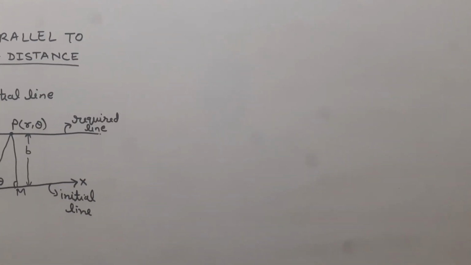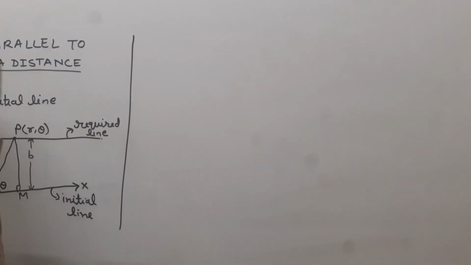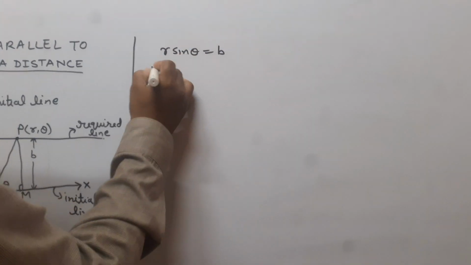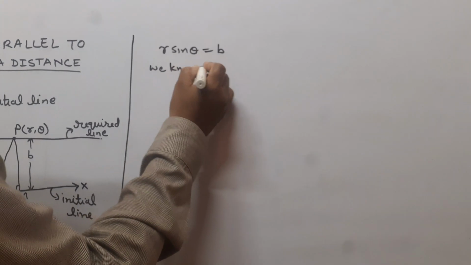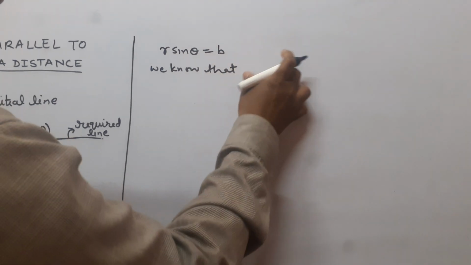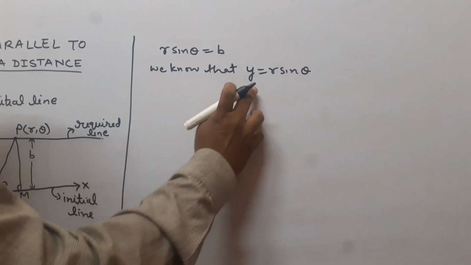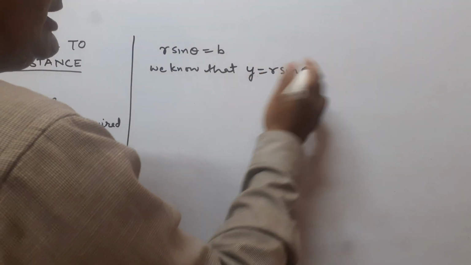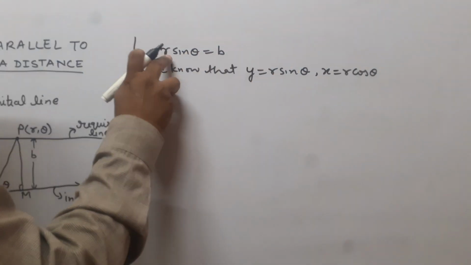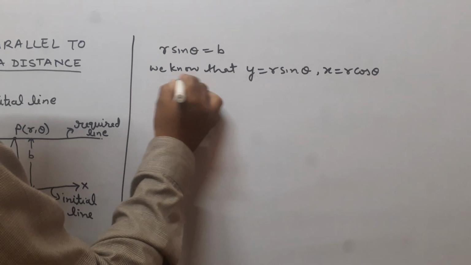Now you can see that this polar equation can be converted into Cartesian form. So r sin theta is equal to b. We know that y is equal to r sin theta. This is the relation between the polar coordinates and Cartesian coordinates. So in place of r sin theta we put here y. So y is equal to b.